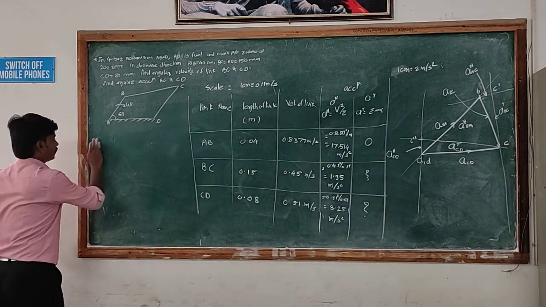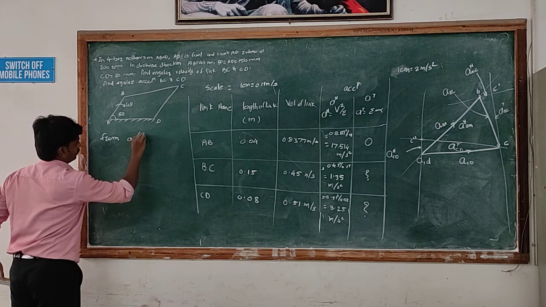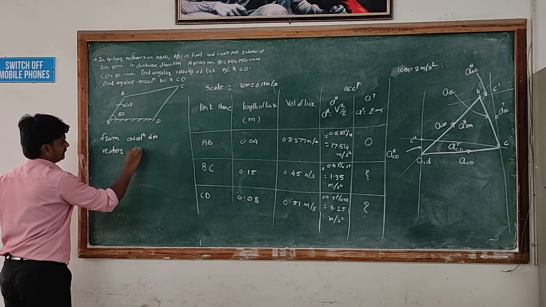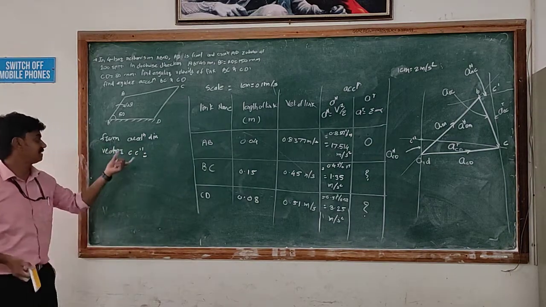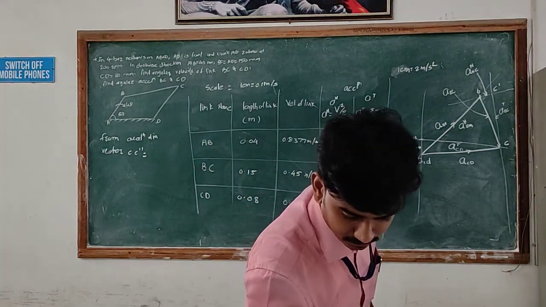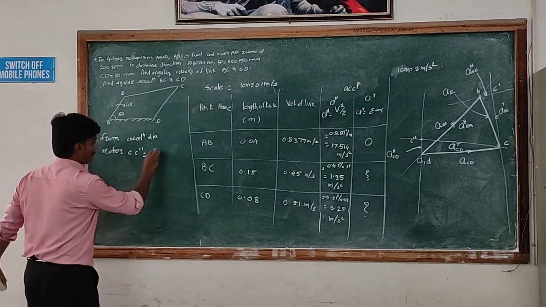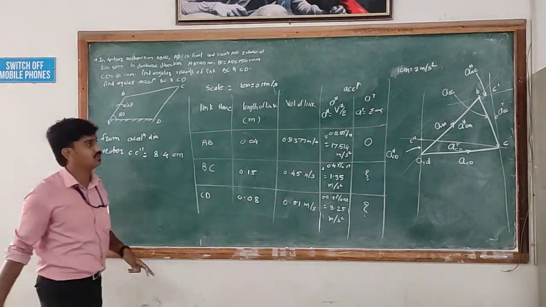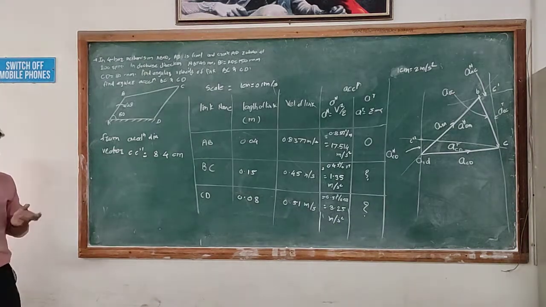So from the acceleration diagram, if we measure this vector C double dash, we will get it is equal to 4.8 centimeter.